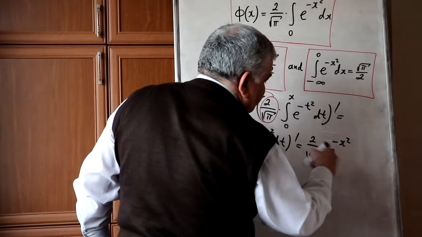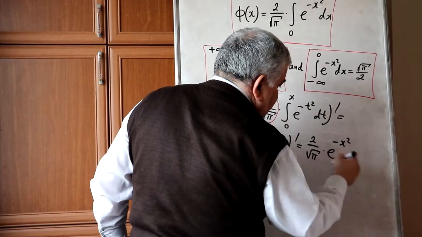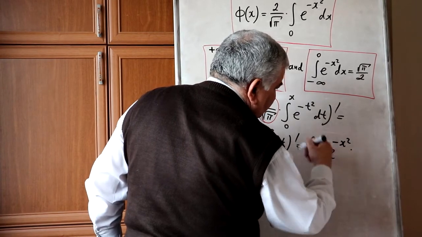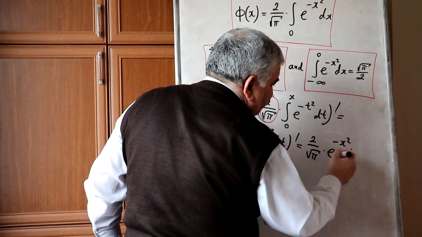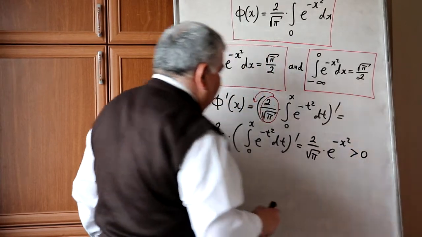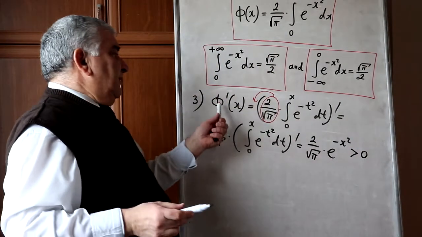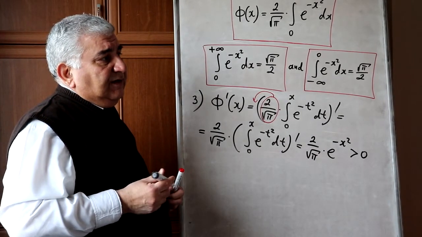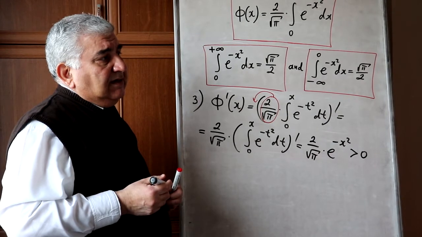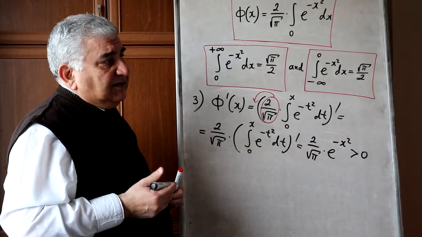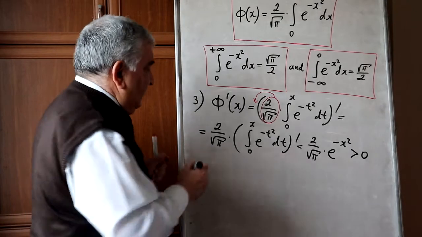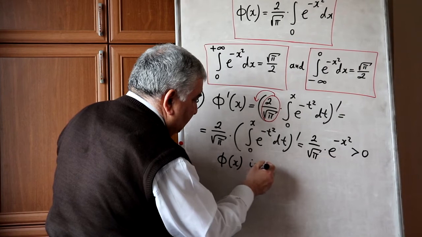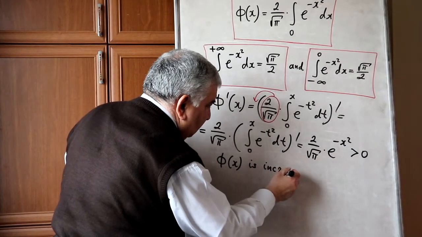Therefore, the whole product is positive. It means the derivative is positive, and also it means that the function phi of x is an increasing function. Phi capital of x is an increasing function.